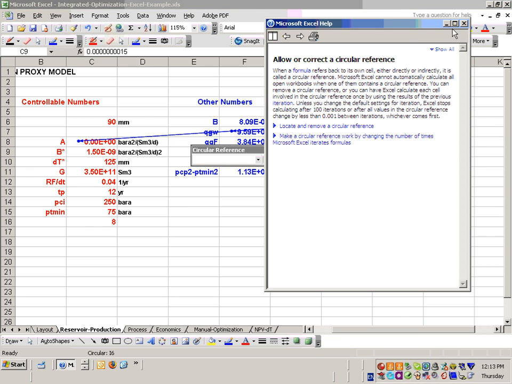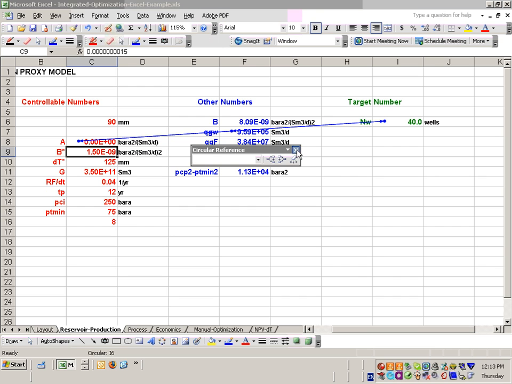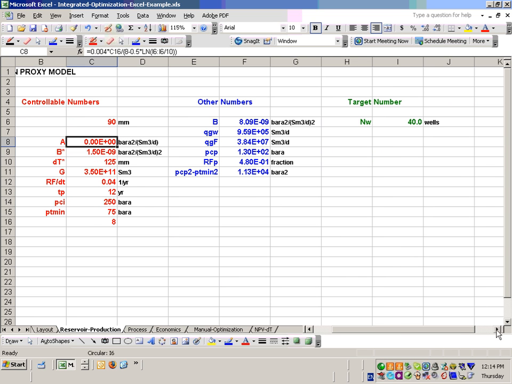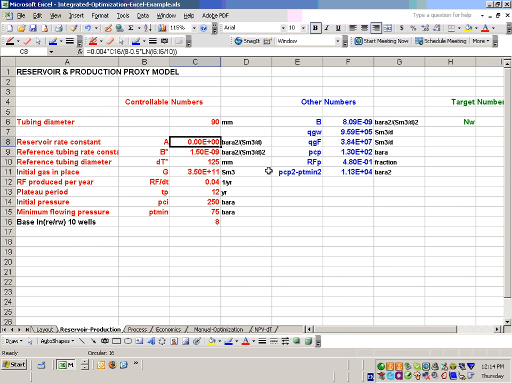So you can use circular references in Excel. We just have to allow it: under Tools, Options.